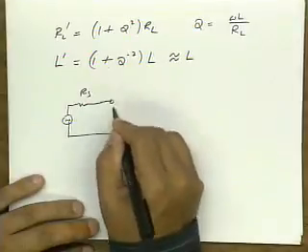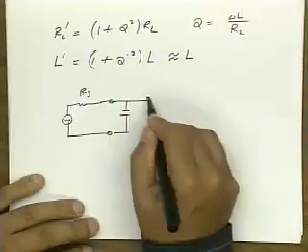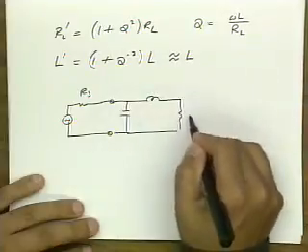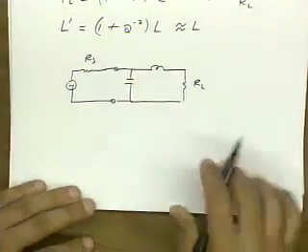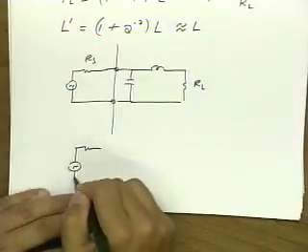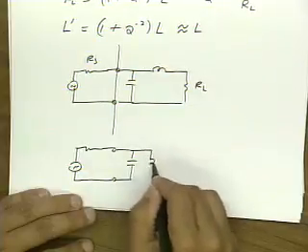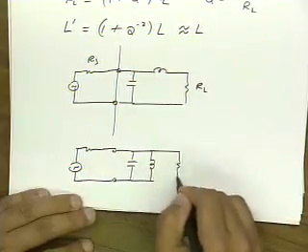So now, from the generator side, I have some source impedance RS, and I've connected my L network. From the source's perspective, what I've done is I've transformed my circuit into the following parallel RLC circuit.